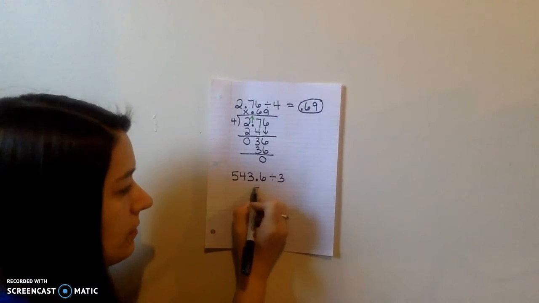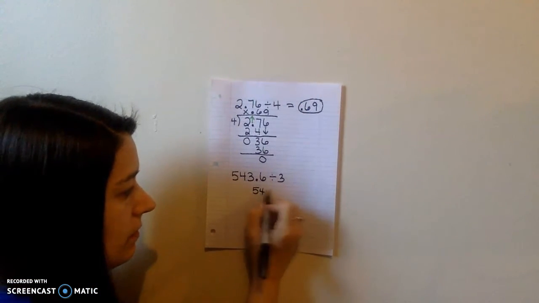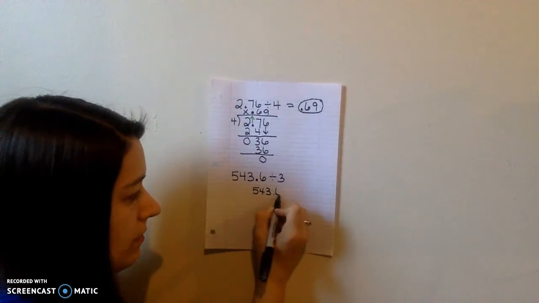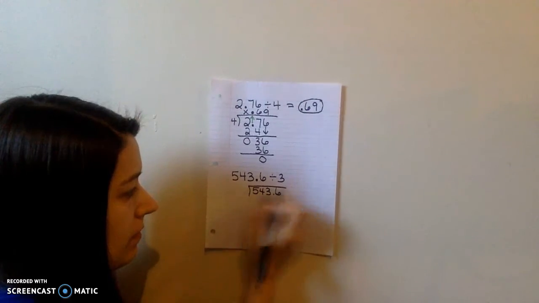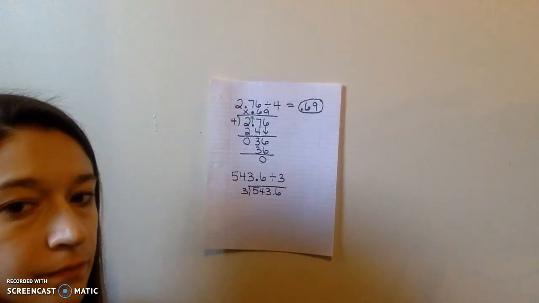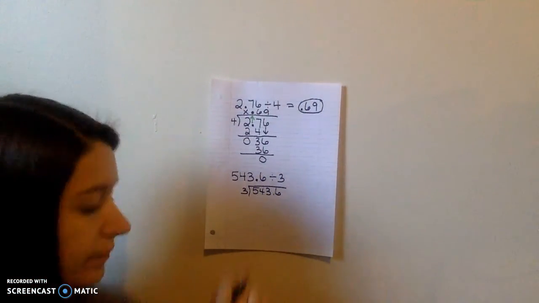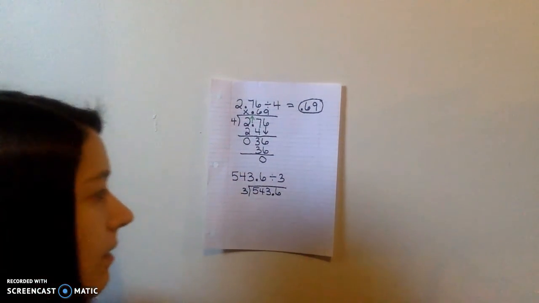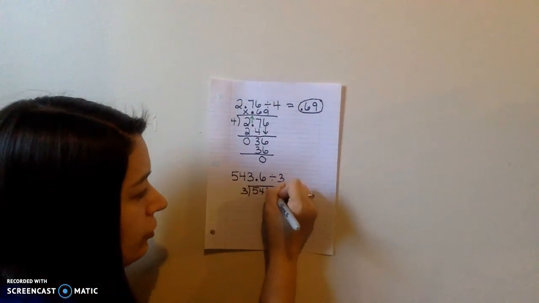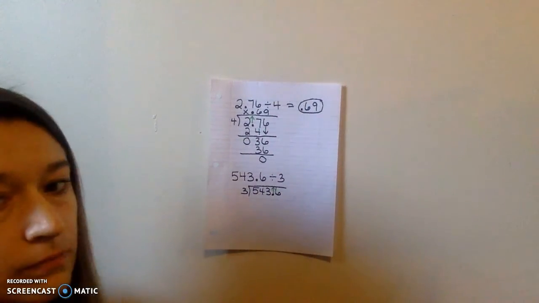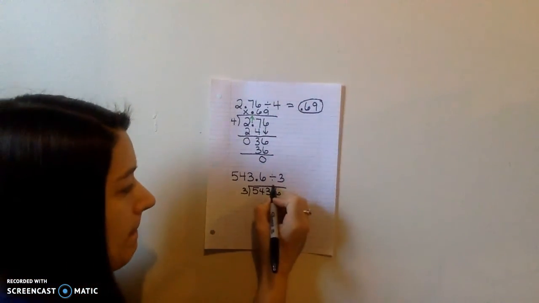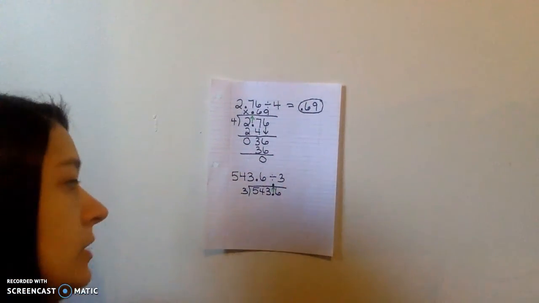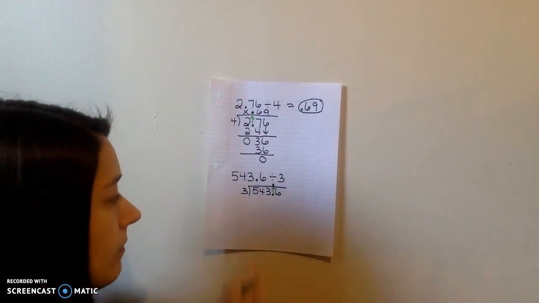We'll rewrite it. Our decimal point is going to shoot straight up. Then we just divide like normal.